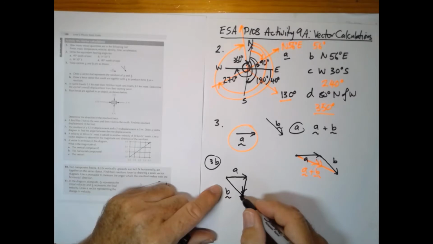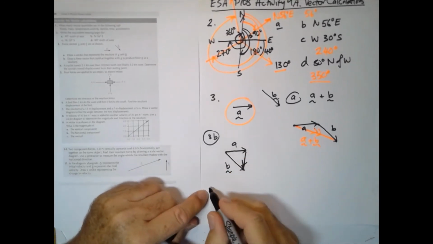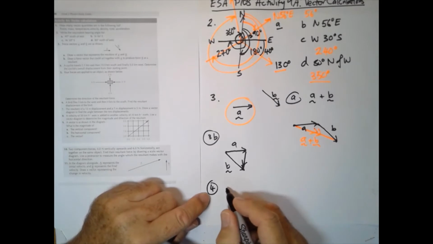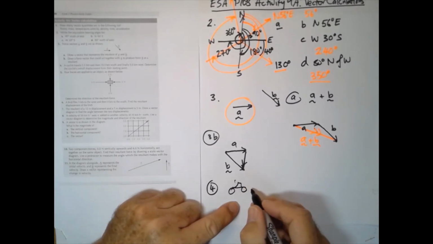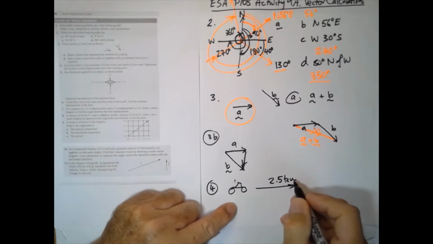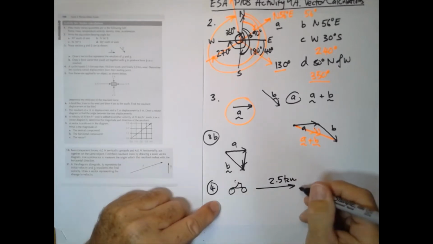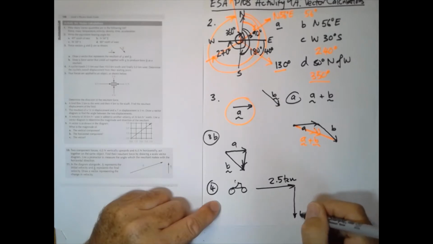Number 4, a cyclist travels 2.5 kilometers east, and then 10 kilometers south. Haven't drawn it well to scale.